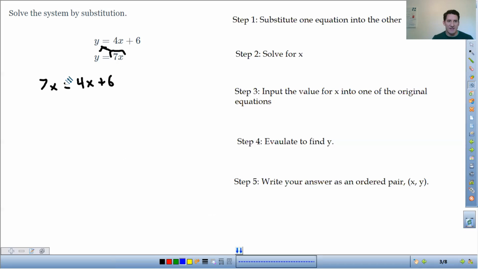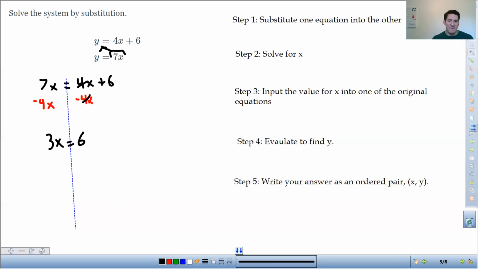So I'm going to put in my line of separation. To solve, I need the x's on the same side. So I'm going to start off by subtracting 4x from both sides to get the x's on the same side of the equation. 4x minus 4x cancels out. 7x minus 4x is 3x, equal to 6.